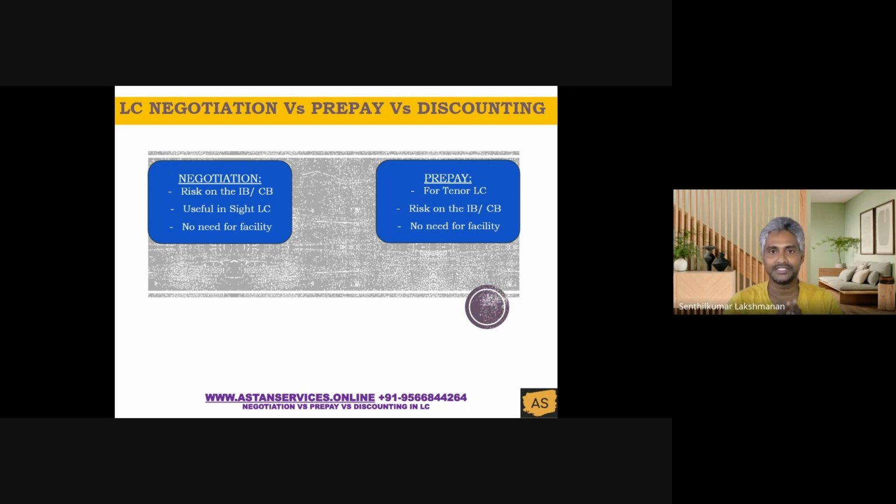When it comes to the risk aspect, in both negotiation and prepay, the risk will be based on the counterparty banks, which is the issuing bank or a confirming bank, if any. If a confirming bank is available between the issuing bank and nominated bank, then the risk will depend on the issuing bank or the confirming bank, where they will assess whether this bank is good, sound, whether there is less country risk, and whether mitigating risk controls are there. Then they do the negotiation or prepay based on the bank's risk.